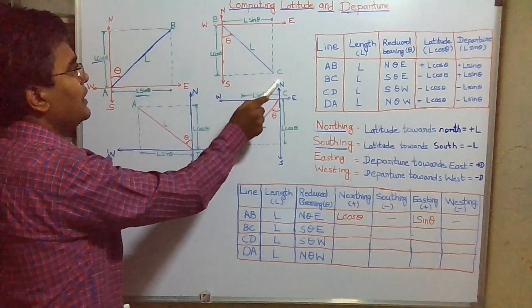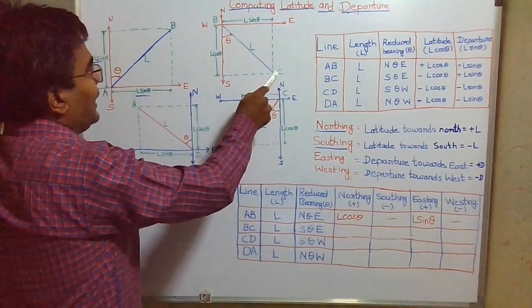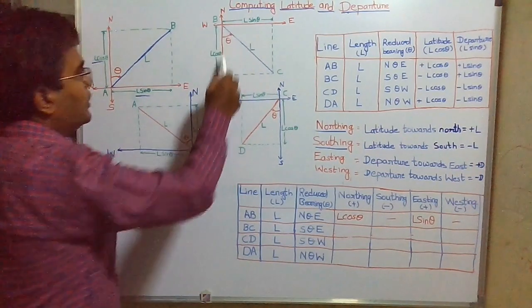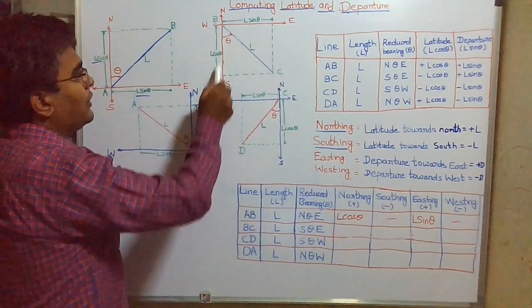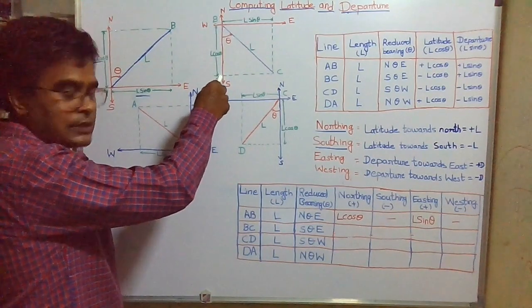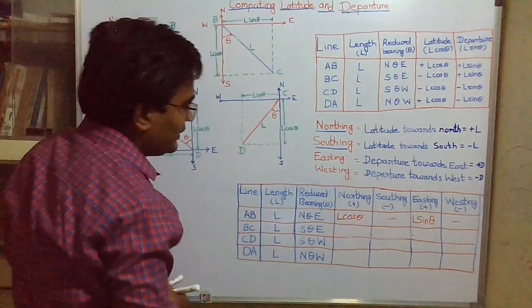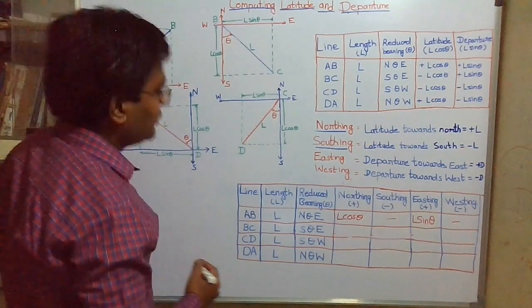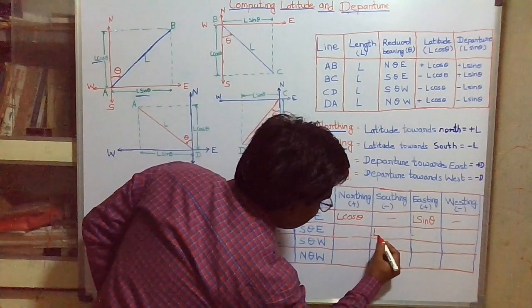Now consider the line BC. Its latitude is L cos theta, along south, and latitude towards south is southing. So we write L cos theta in the southing column for line BC.